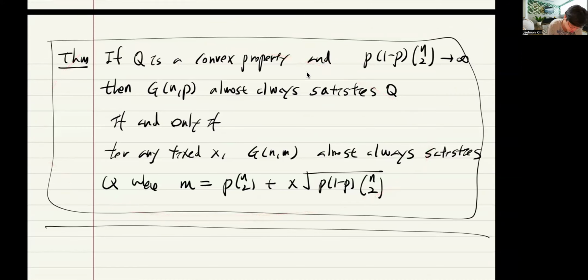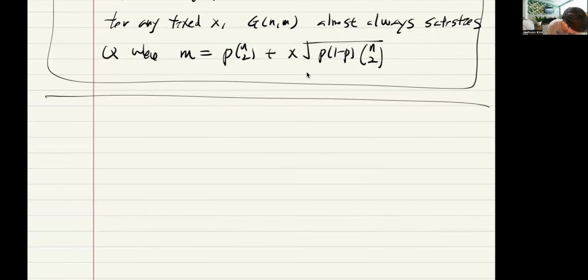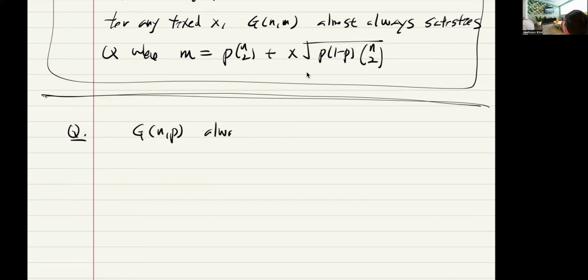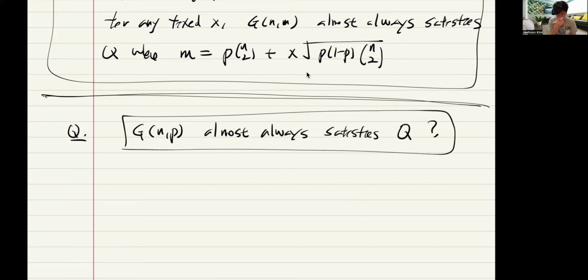Okay, I will now prove this. Our question is that for a given property Q, we want to check whether G(n,p) almost always satisfies the property Q. But it depends on the value of p.